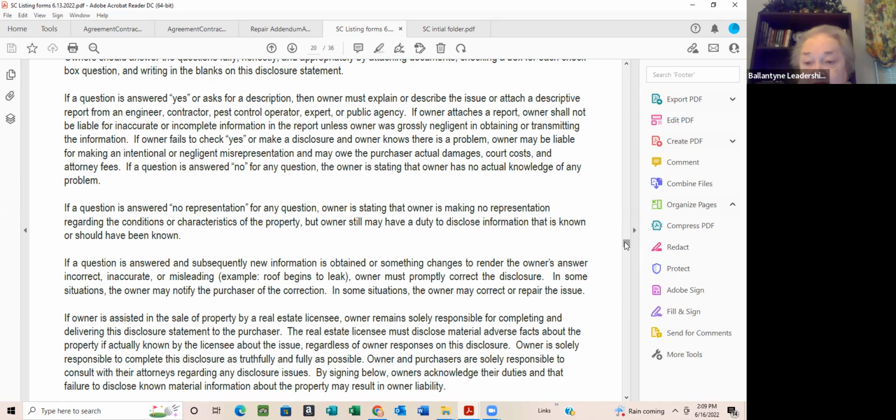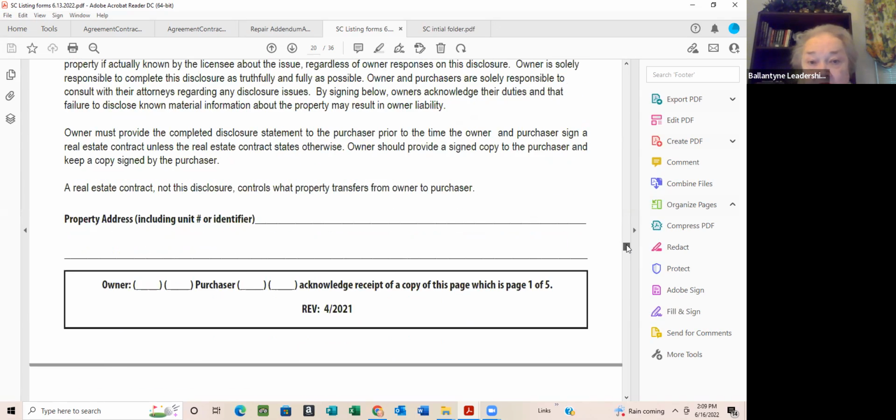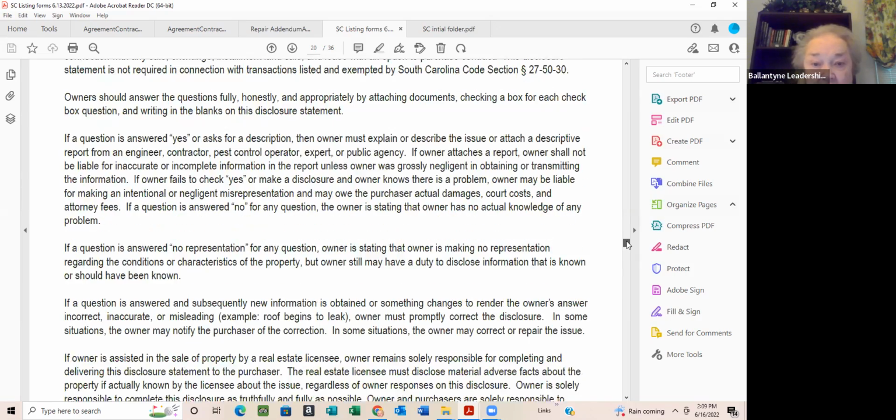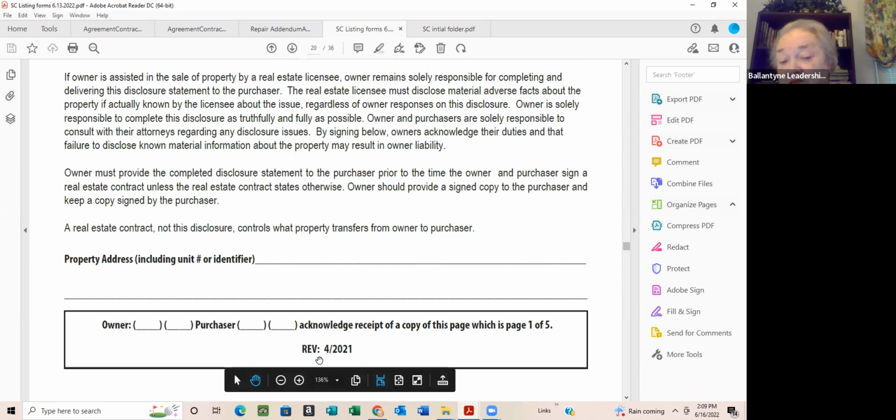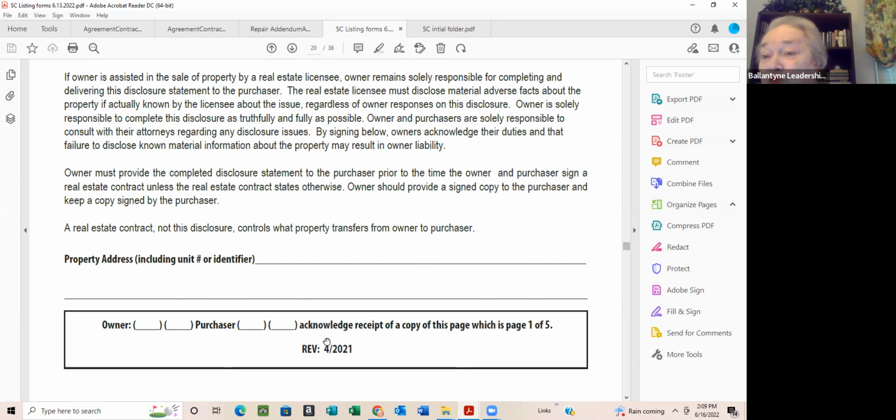And that is, I was going to show you here, there is no number on the South Carolina form. You'll generally see a revision date. This was put into practice last April. That's another thing. In North Carolina, your forms are going to change every July 1.